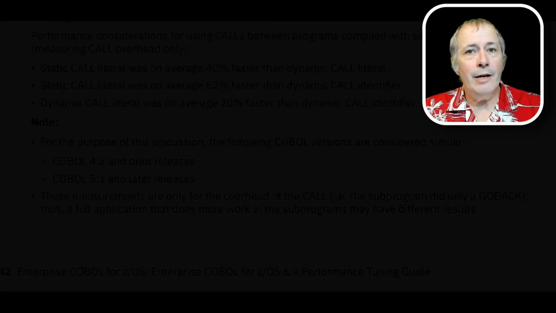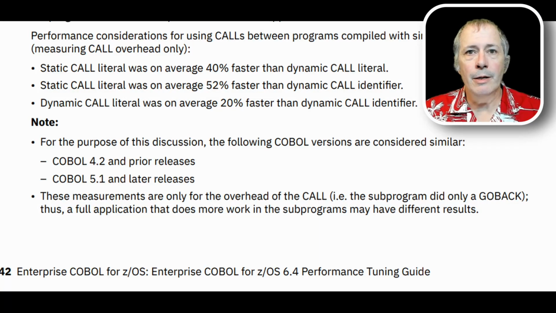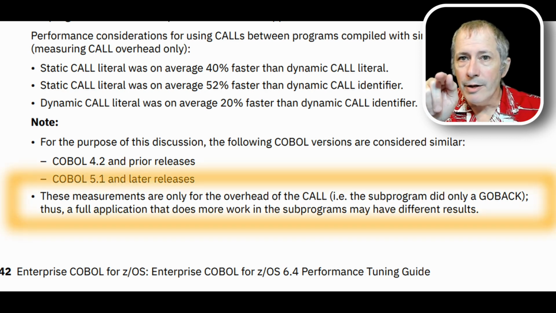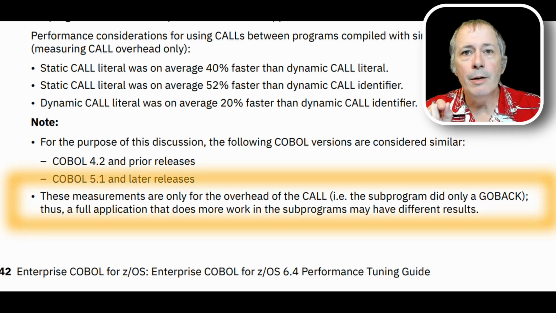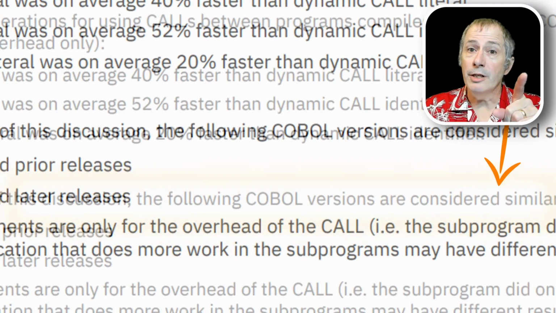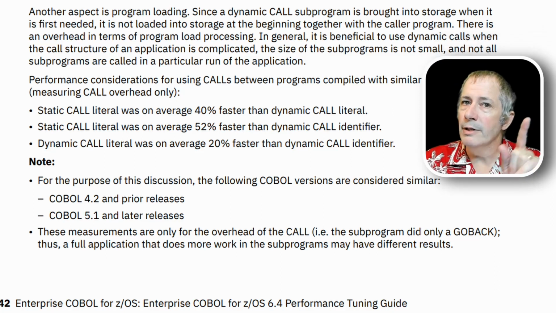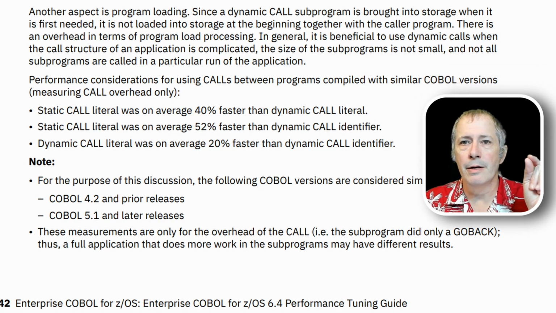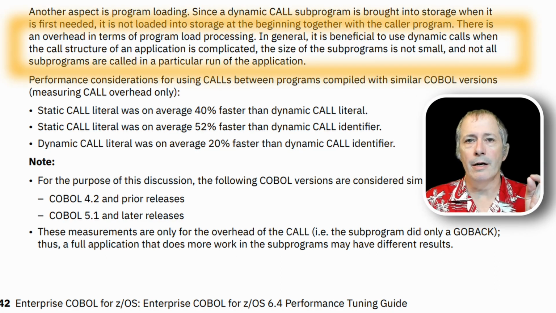The initial reaction might be to think that IBM tested programs that did stuff. No, they did not. This little bullet point says that IBM used subprograms that contain just the GOBACK verb. Since we're looking at this page, this sentence expresses my opinion about dynamic versus static call.